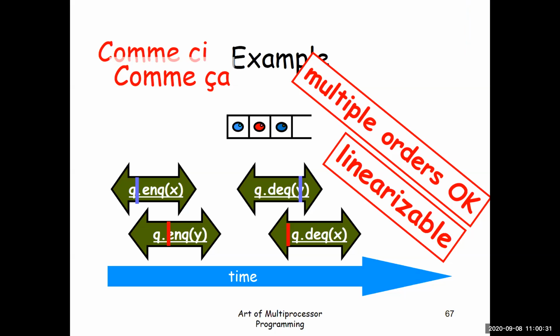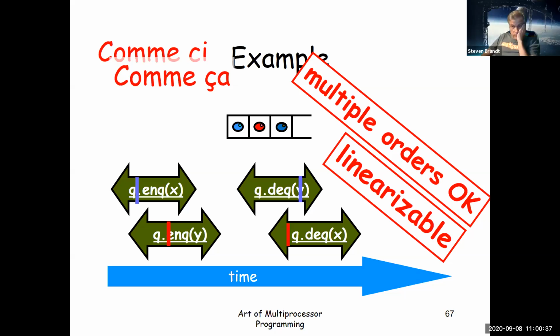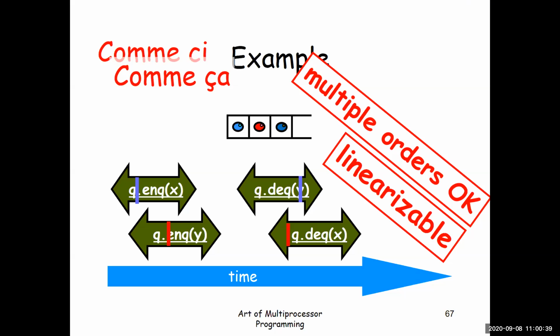Okay, well, I was just going to say, basically, the green arrows can look like they're out of order, but as long as the execution point, the tick mark, lines up in a way that makes sense for a FIFO queue, then it's linearizable.